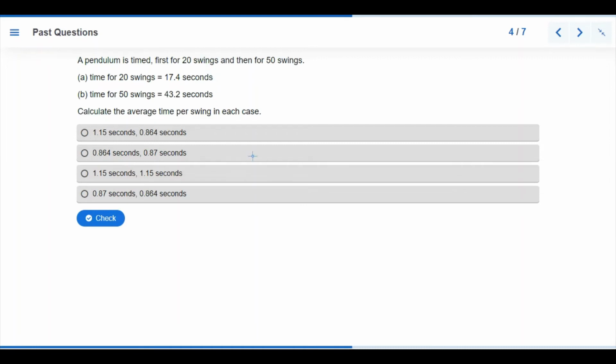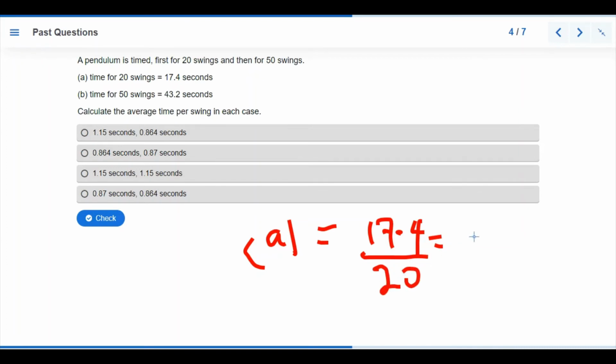We have to take the average for A. We have 17.4 divided by 20. That gives 0.87 seconds.